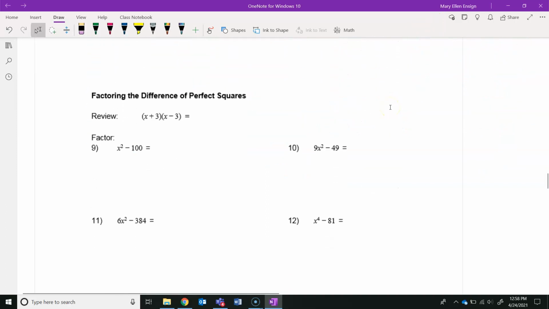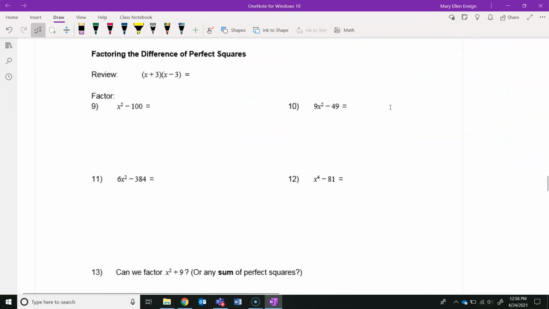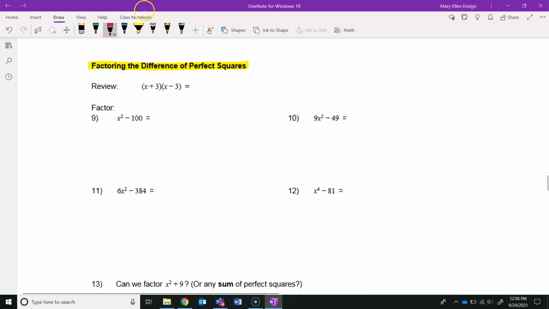Okay, so let's go on. The next type of factoring that we can do is the difference of perfect squares. So this has a lot of vocabulary words in it, right? So let's kind of break it down. We're factoring, we know that. The difference means to subtract. And perfect squares, we know what perfect squares are, right?